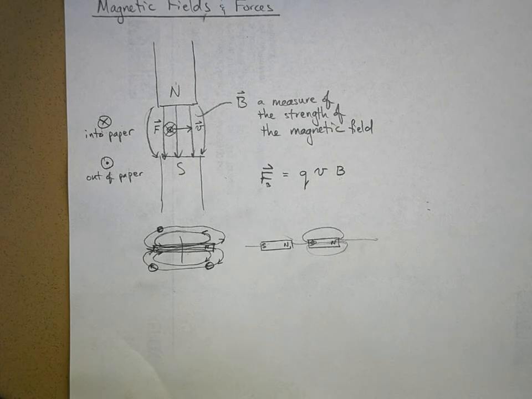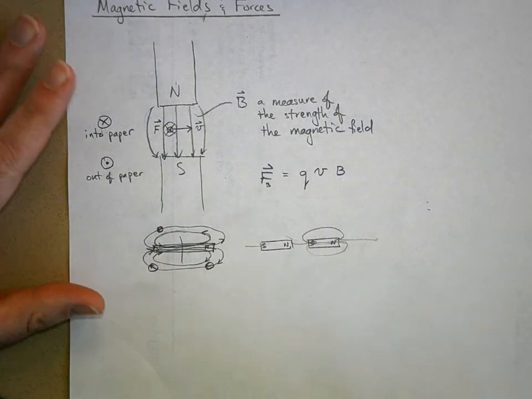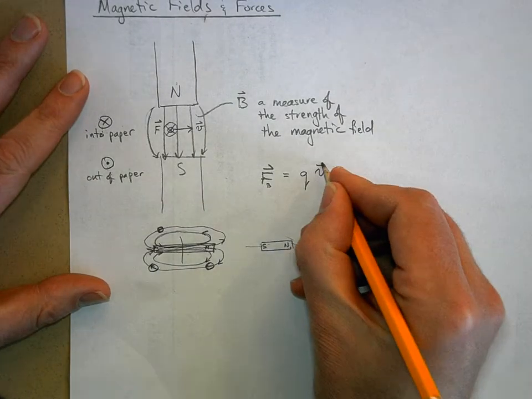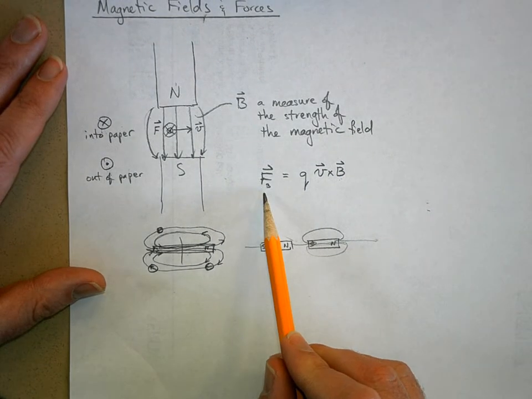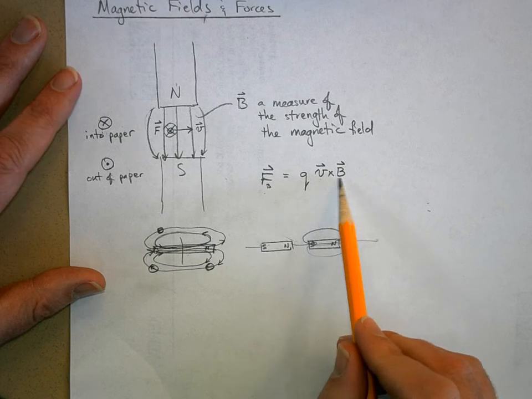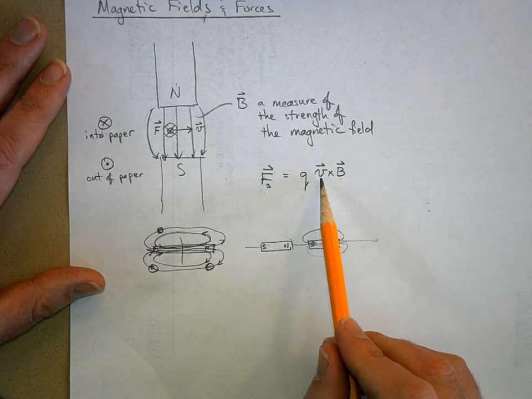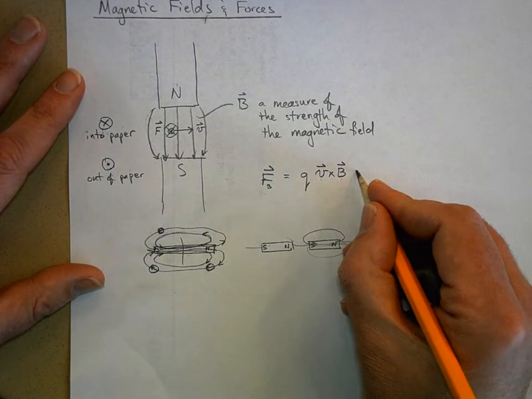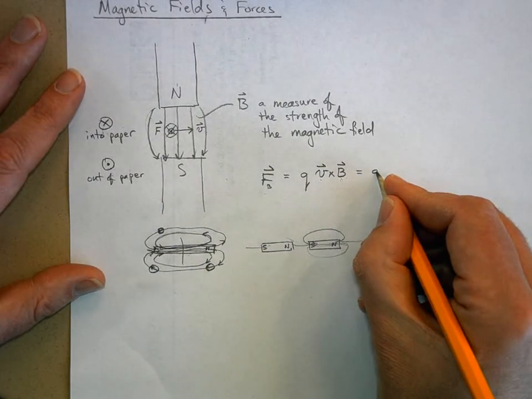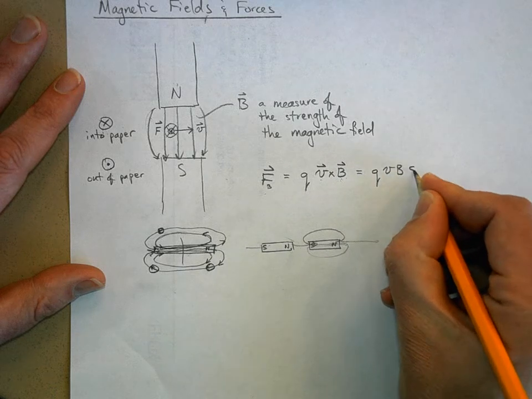Now, the direction. This is the part that you just have to accept. Everything here kind of makes sense based on the physics that we've done, except, well, why a moving charged particle? We'll get to that later. We'll get to the why later on. It turns out that the direction of the force obeys the cross product between V and B. So this is Q, V, B, sine phi.